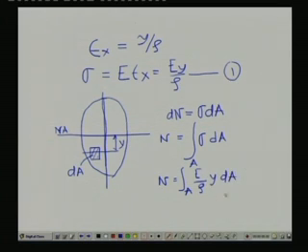This expression can be simplified to E by rho, because this is constant and we can bring it out of the integral, times the integral of y dA. Now, what should be the value of the normal force acting onto the cross section?